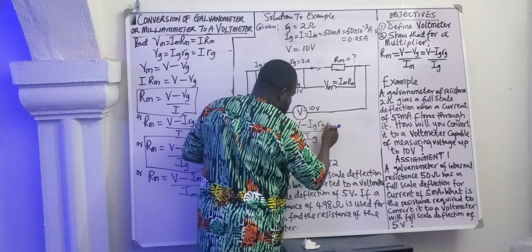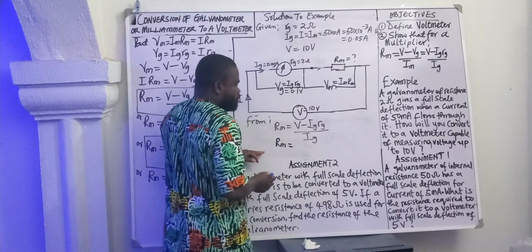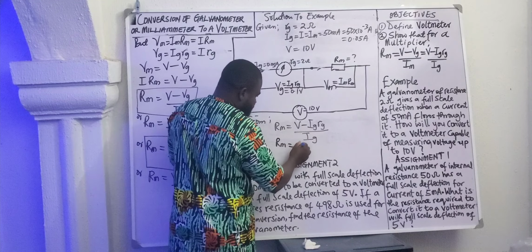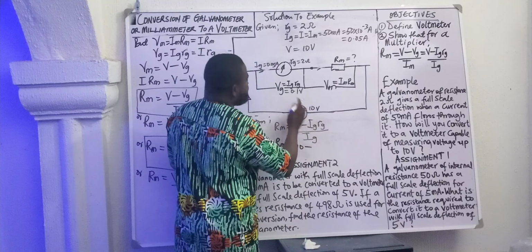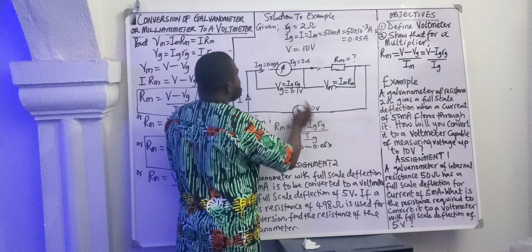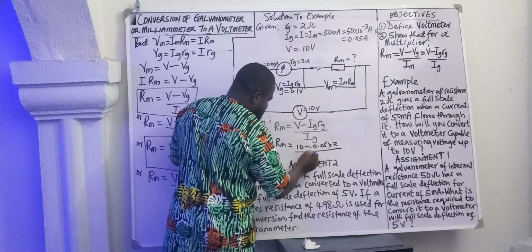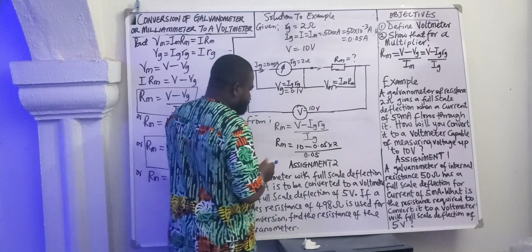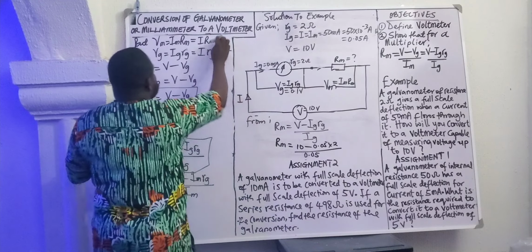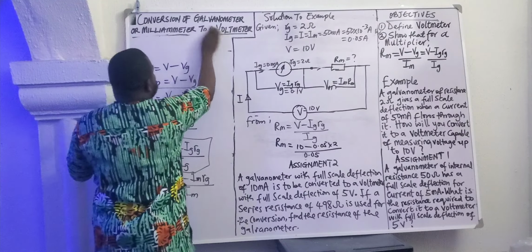So now let's substitute our values. This means that ROM is equal to our V, which is 10, minus our IG, like I said, is 0.05, times our ROG, which is 2, divided by our IG, 0.05. 2 times 0.05 will give us 0.1.